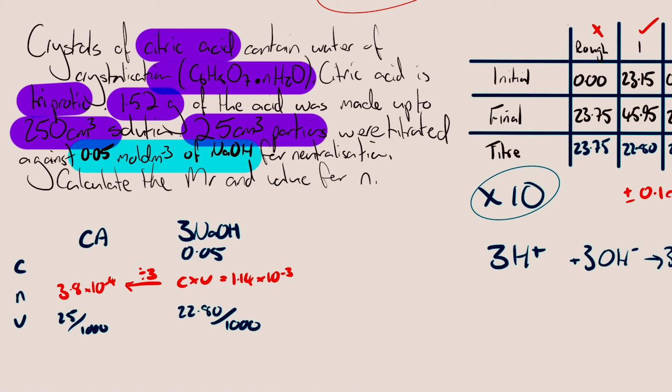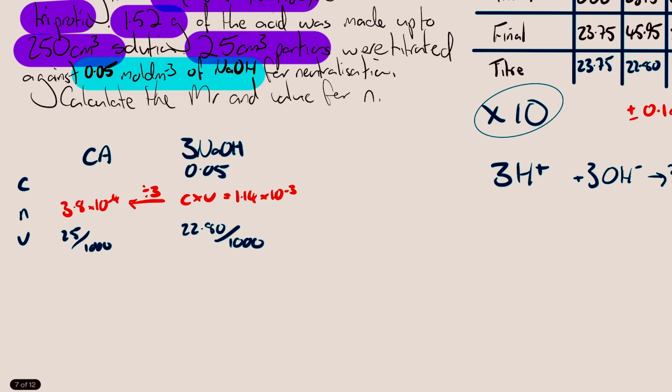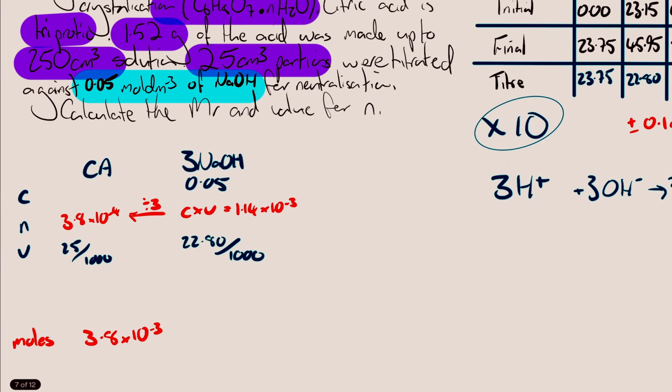And here's what I was speaking about before. This is my volume in 25 centimetres cubed. In order to continue working, I need to know how much I have within 250 centimetres cubed. So times by 10, 3.8 times 10 to the minus 3.